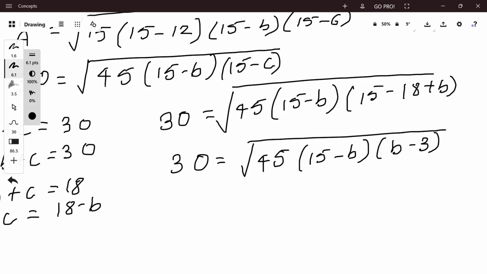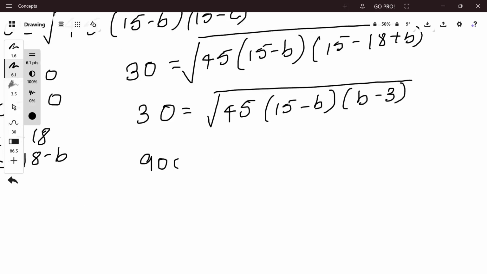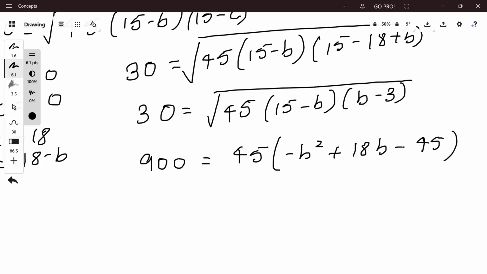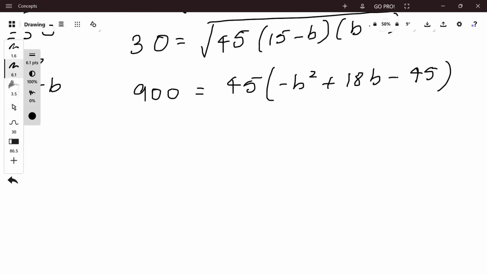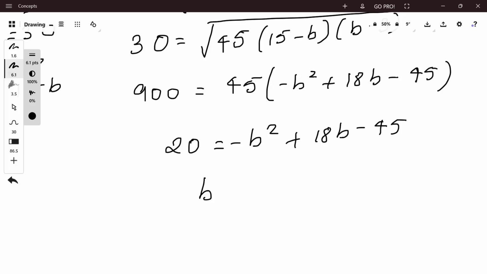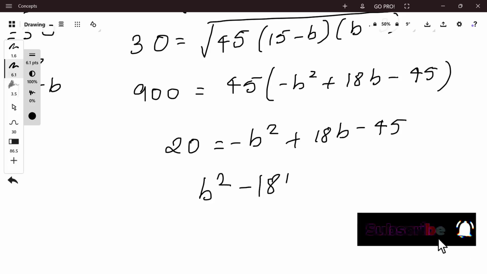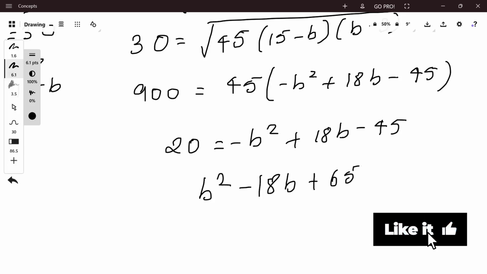Squaring on both sides, we have 900 is equal to 45(minus b square plus 18b minus 45). That is 20 is equal to minus b square plus 18b minus 45. That is b square minus 18b plus 65 is equal to 0.